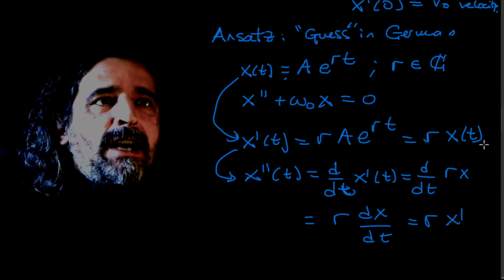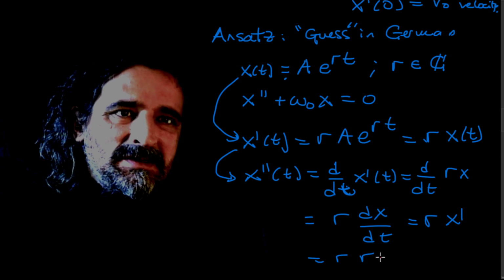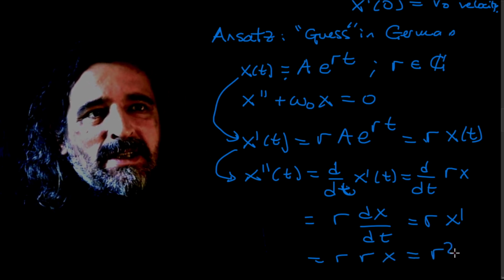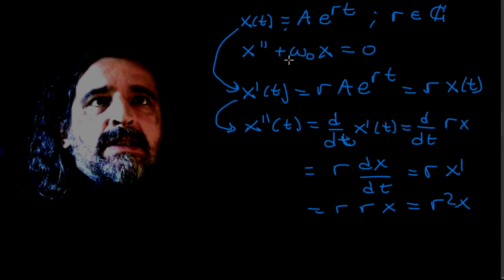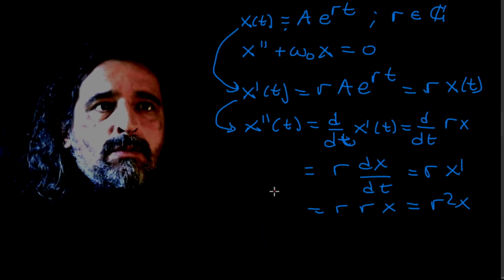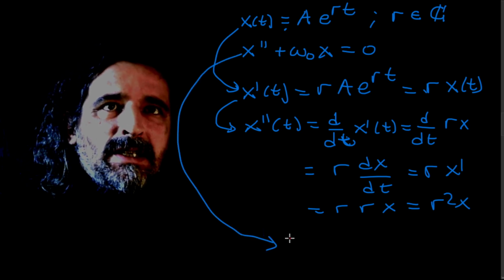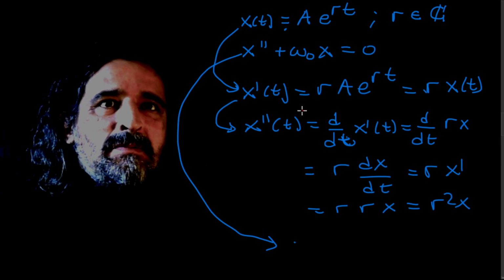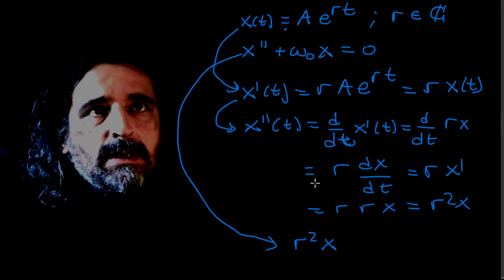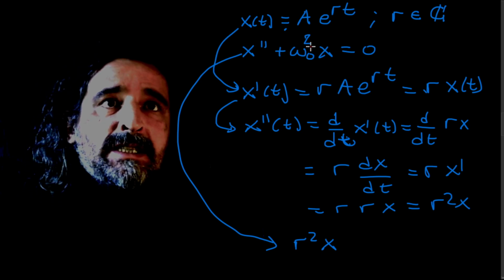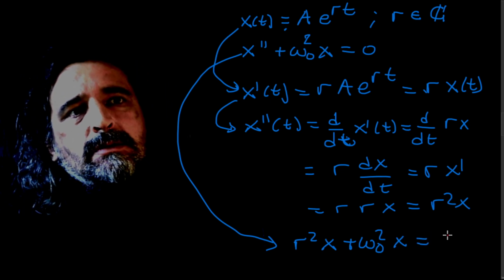But x prime is r x, so that is r times r x, which is r squared x. So now my equation has become something else: x double prime is r squared x, and then plus omega naught squared x, and that is equal to 0.